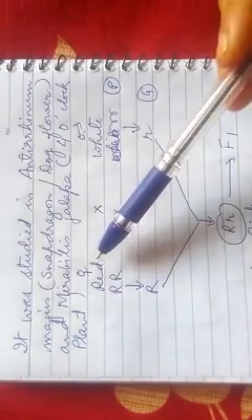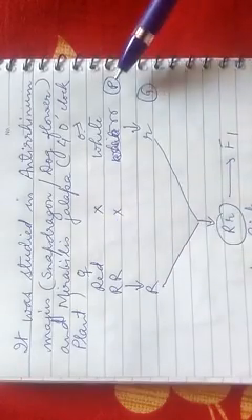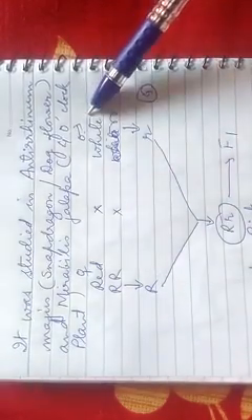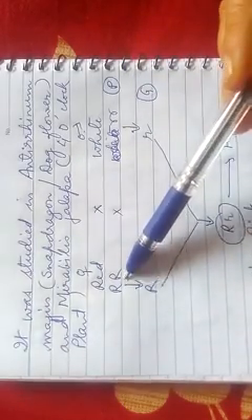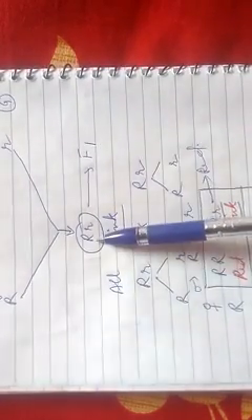See, since we have to start the experiment with parents, and parents are always homozygous. So for red color, it is homozygous. For white color, again it is homozygous. Okay. Homozygous parents always produce one type of gamete, and the random fusion between the gametes has resulted in the formation of an F1 hybrid.